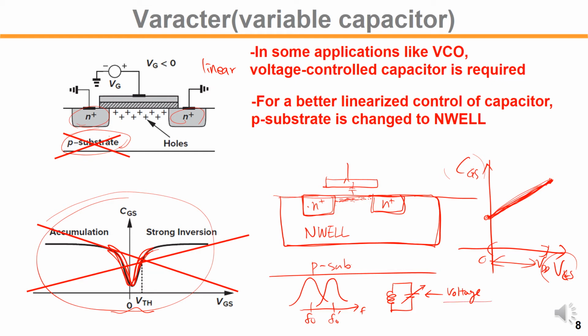This kind of application requires a linearly controlled capacitor. For that case, we call this kind of capacitor a varactor, for variable capacitor applications. We use this kind of structure. So this is the source. We tie this together, and this is terminal 1 and terminal 2, like this.